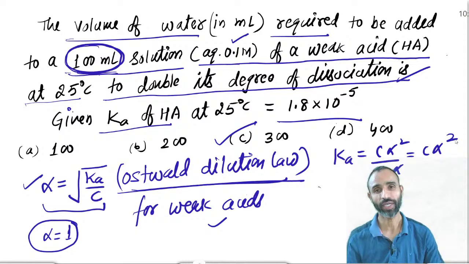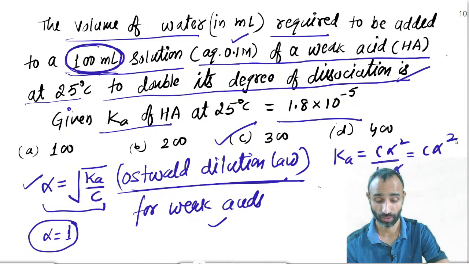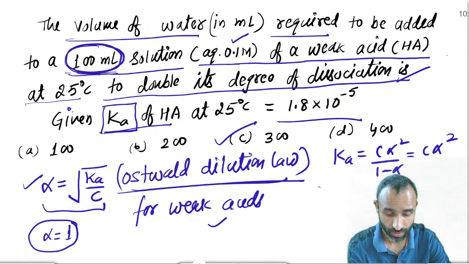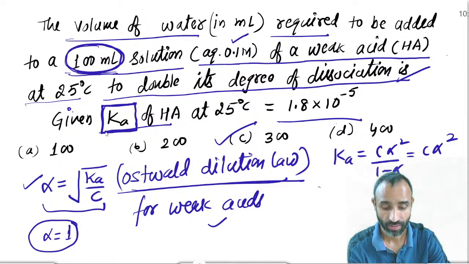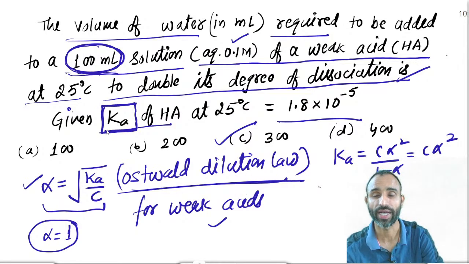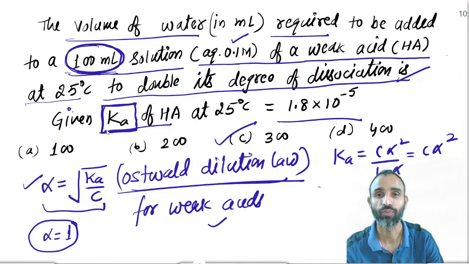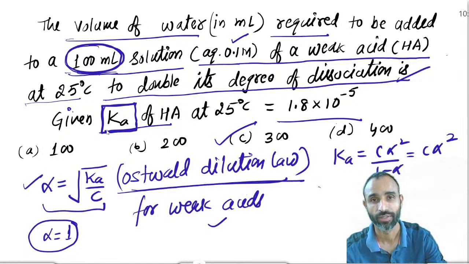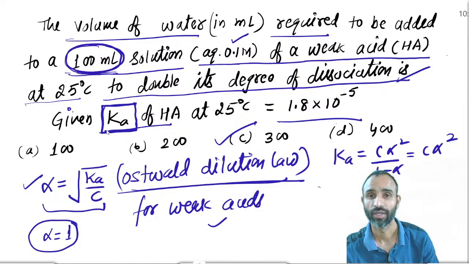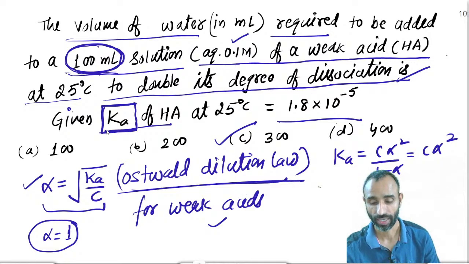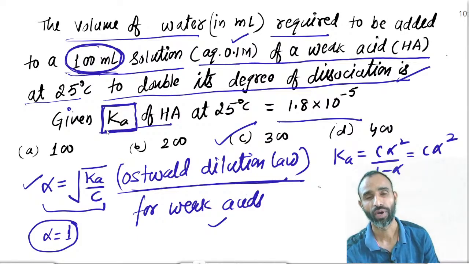Yes, here we are taking it, see, Ka equal to C alpha square upon 1 minus alpha. We are taking 1 minus alpha as 1 here. That's why Ka is C alpha square. In most of the cases we take it as 1, but if the Ka value is less than 5 into 10 raised to minus 2, means 5%, then alpha is considered.